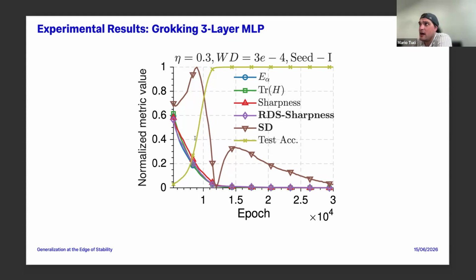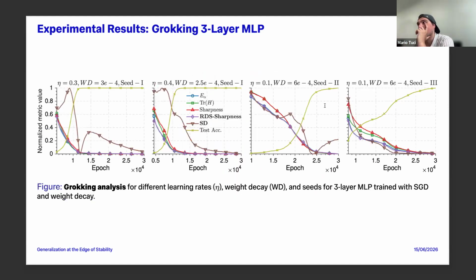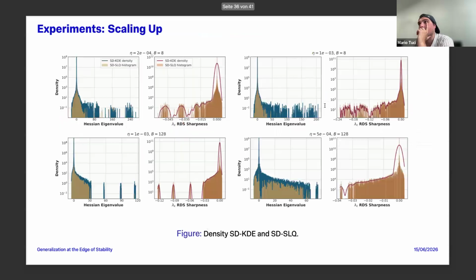The interesting part is, we're generalizing better, which basically means that our dimension drops. So the weight space then lives in a lower dimensional set. Similar behavior can be observed for different experiments. I will not go into detail here. And then for the 3-layer MLP and so on.